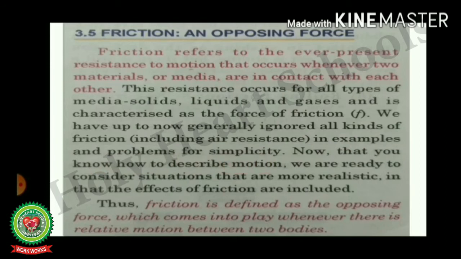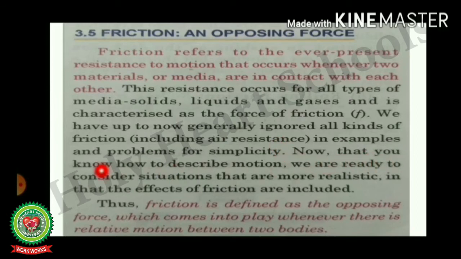In our last classes, we discussed what is a force and effects of force, in which we discussed many examples, but we haven't discussed the force of friction in those examples. But now we will discuss force of resistance in all examples.